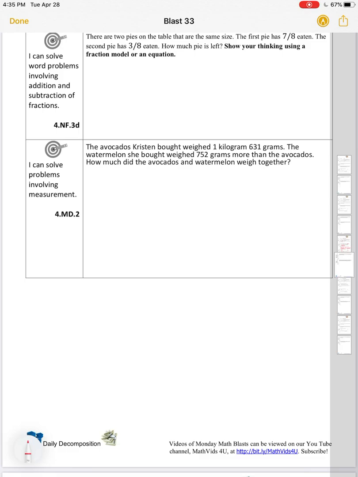Since we have 2 pies on the table that are the same size, I'm going to draw 2 circles here to represent those pies. I know my units that I'm dealing with are eighths because the denominators in my fractions are 8. So I'm going to break each one of the pies into 8 equal parts.